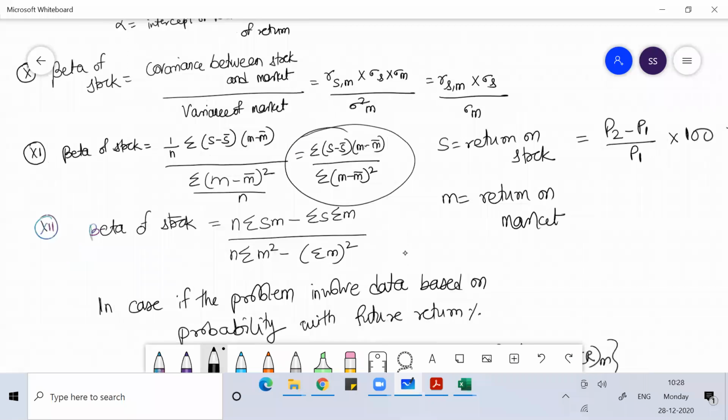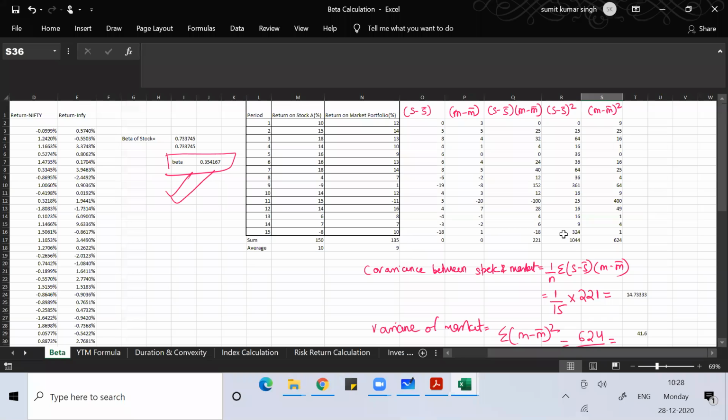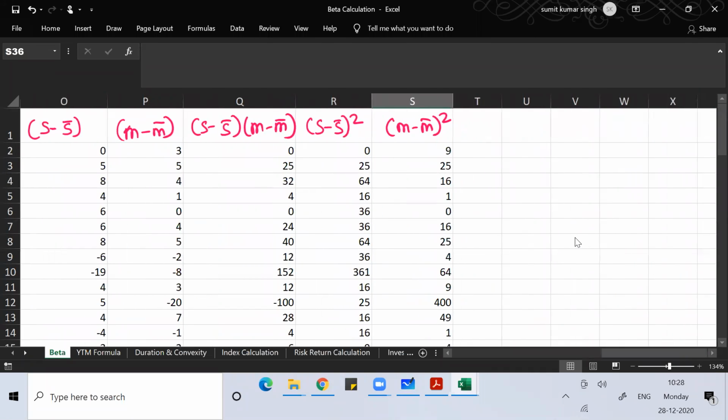Your answer will remain the same. Whichever formula you use, the beta of the stock will remain the same. Whenever you get time, try this formula also. You will get the same answer. Any doubt? Clear, everyone?